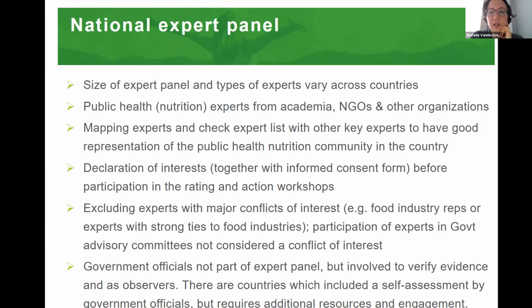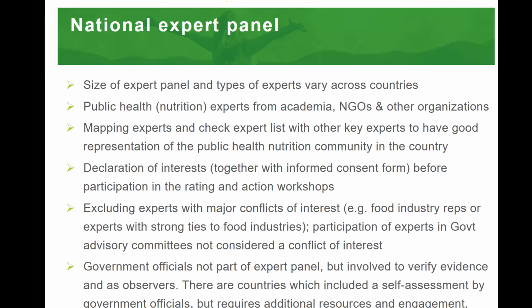Experts with conflicts of interest are usually excluded. They do need to fill that out before partaking in the evaluation. Sometimes it's hard to decide what exactly is a conflict of interest and what isn't, but obviously people with strong ties to the food industry would not be included.